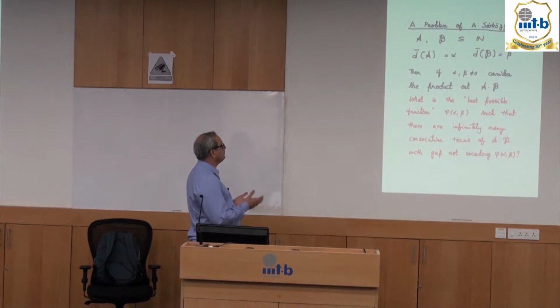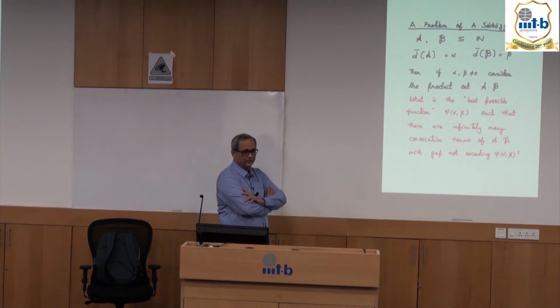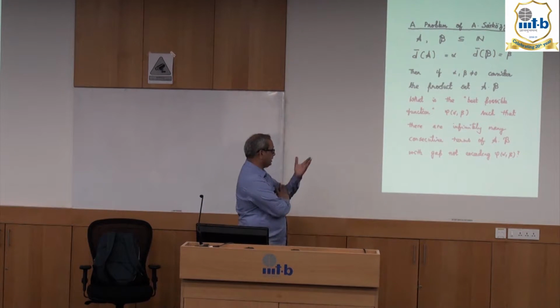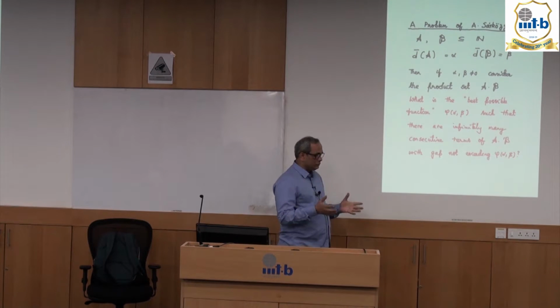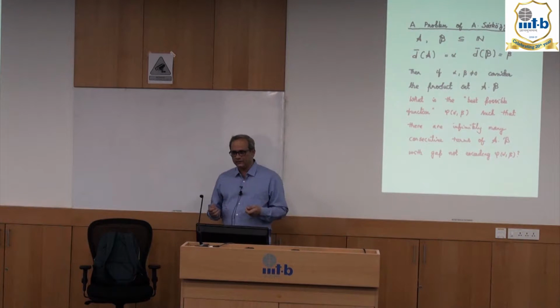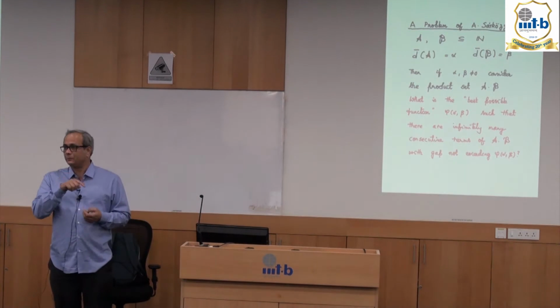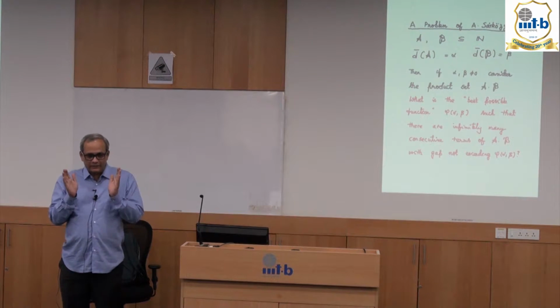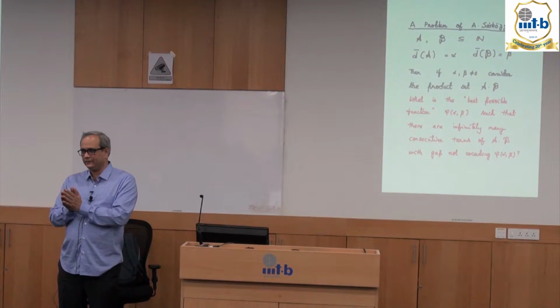Suppose you take two infinite subsets of the natural numbers with upper densities alpha and beta, both non-zero. His question was, can you say just based on the density that there are infinitely many pairs, infinitely many terms of the product set which are within a certain gap, which depends only on the density?